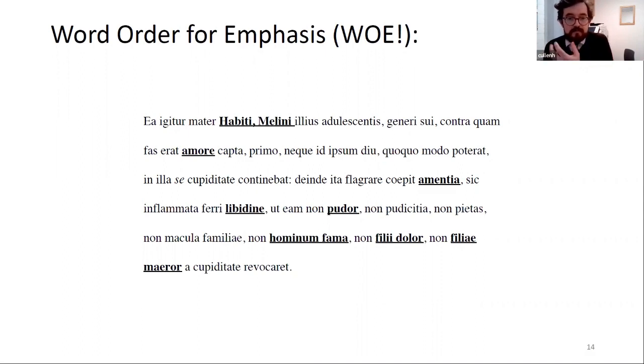Or later on, in that final line, you've got hominum fama, filii dolor, filii maeror, parallel word order there, with the nominatives following the genitives. You can apply a word order filter very easily, and as I said earlier, probably pick out enough points to fill the best part of a 15 marker. And my acronym of WOE, word order for emphasis, is what you end up writing almost everywhere on the text.